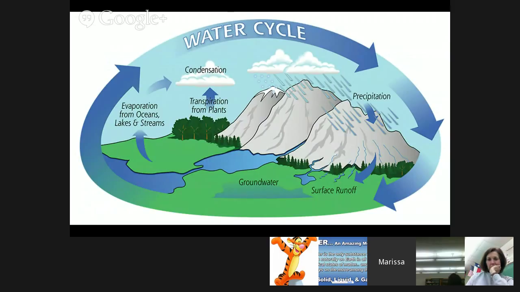But another thing of interest to talk to your students about is that the plants do a very good job of putting water vapor in the air as well, because the roots of the plants grow down into the ground where they tap the groundwater. And then as the plants get warm, they kind of do what we as humans do. They sweat. But we don't call it perspiration, which is what humans do. We call it transpiration. And that's another good way of getting water vapor into the air.